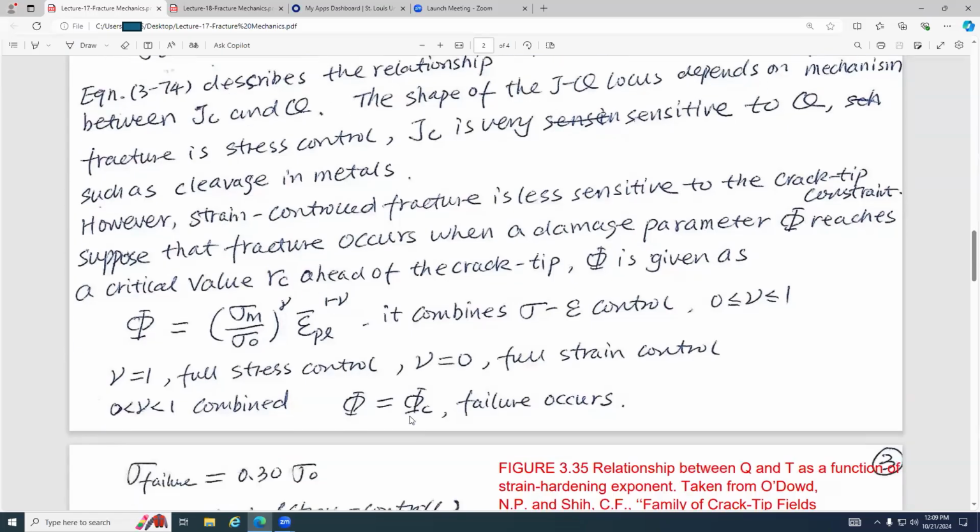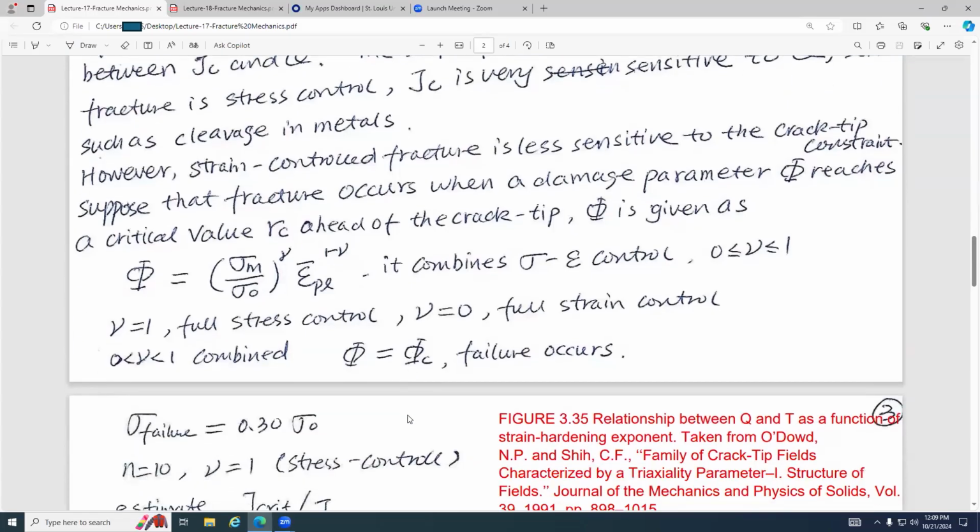And I want you guys to write down, okay? So this is sigma m, and sigma m is the mean stress. Mean stress is also called hydrostatic stress.